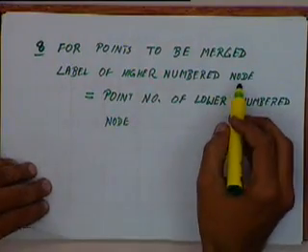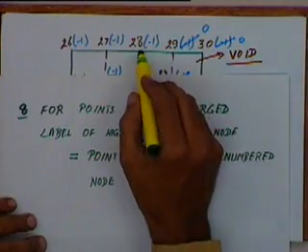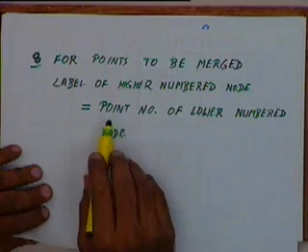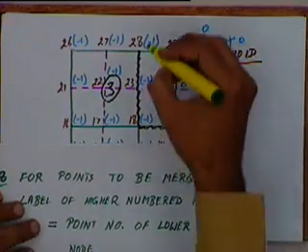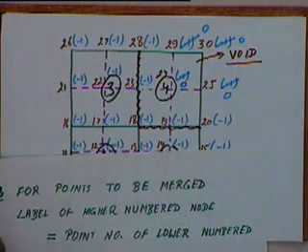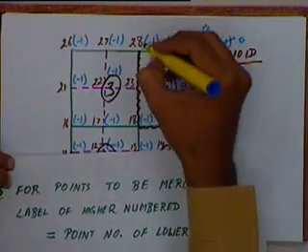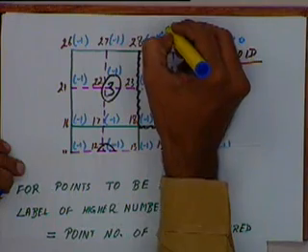The label of the higher numbered node, the higher numbered node is 28, we put equal to the node number of the lower numbered node. The lower numbered node is 20, so its label will be changed to 20. So instead of this -1, I will change this to 20.